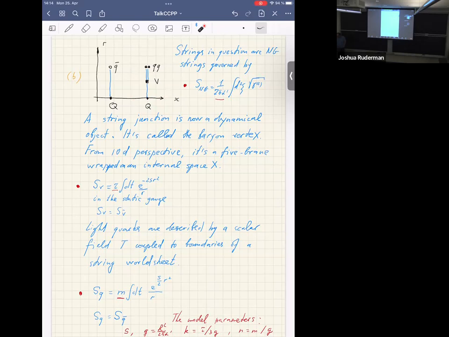The strings in question here are really just simple Nambu-Goto strings, and as I already said, the action for the baryon vertex, the string junction, is like this one. This comes from the D5 brane, but I treat tau as a free parameter of the model.